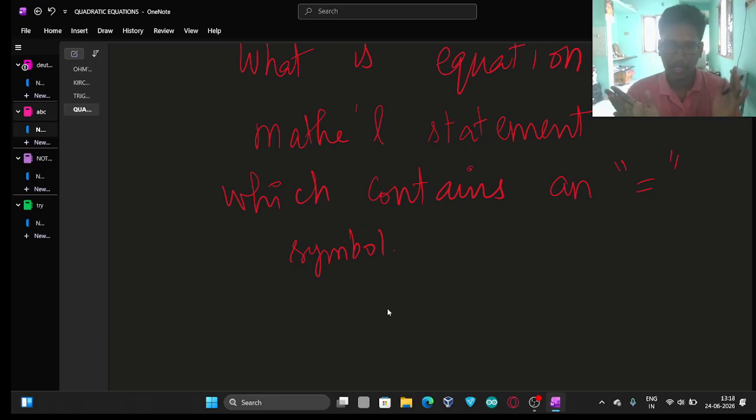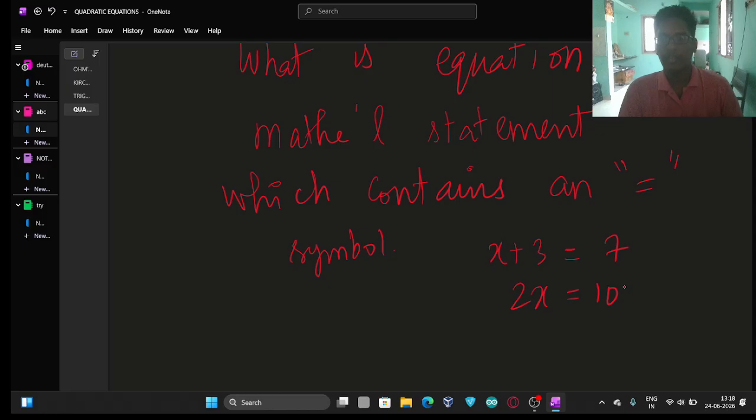In whatever examples we gave, for example x plus 3 is equal to 7 and 2x is equal to 10, the power of the variable is what? 1.